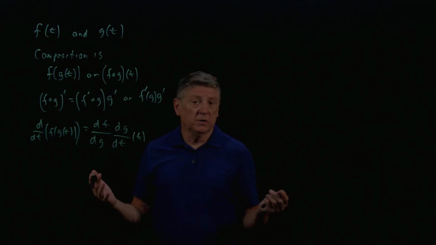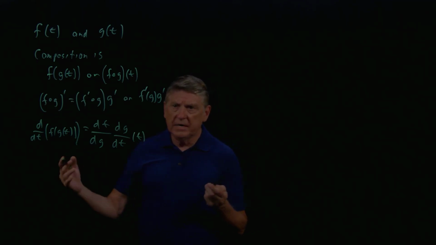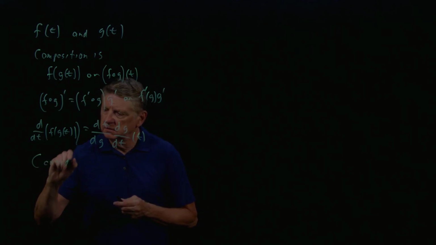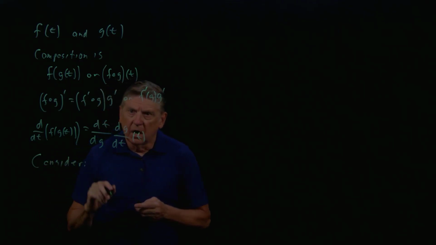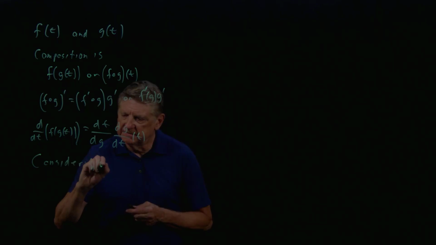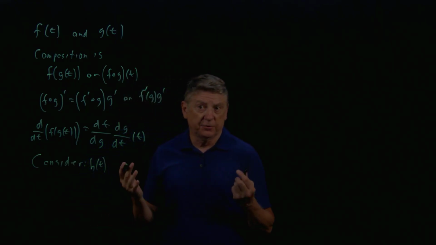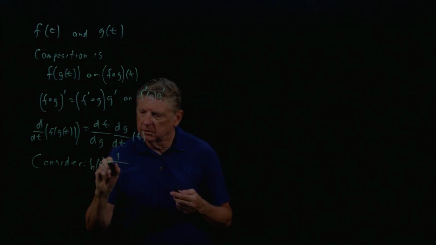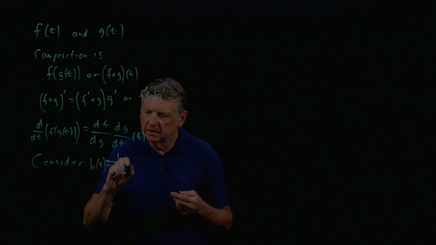Now, what are some examples? So one is we could consider a function h of t, so I'm just going to add a third function in, and suppose it equals 1 over g of t.